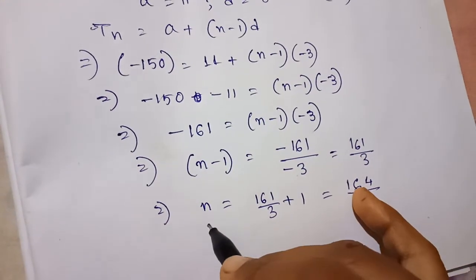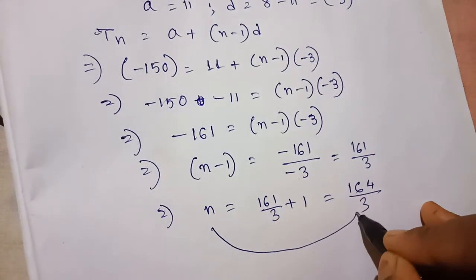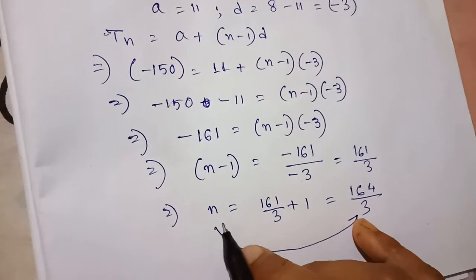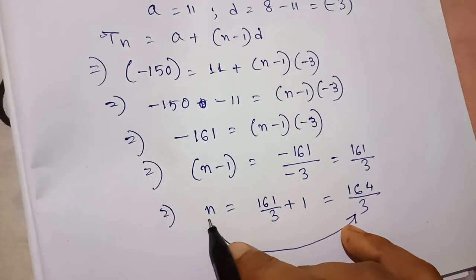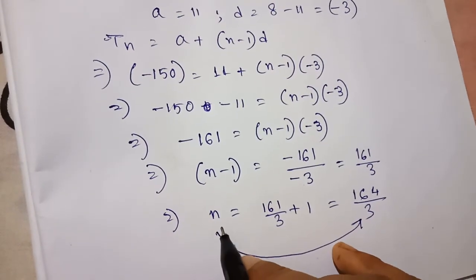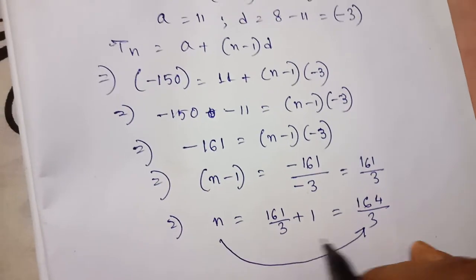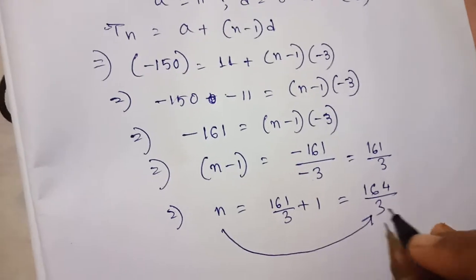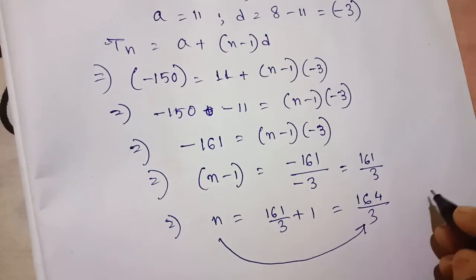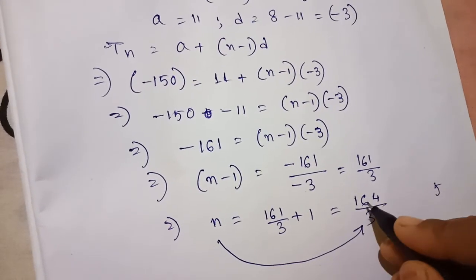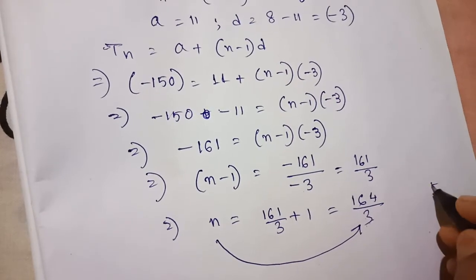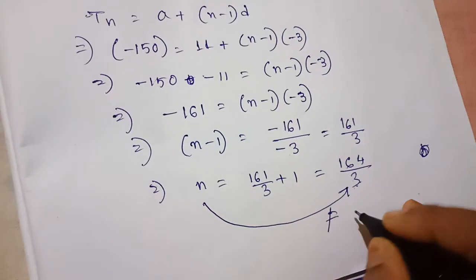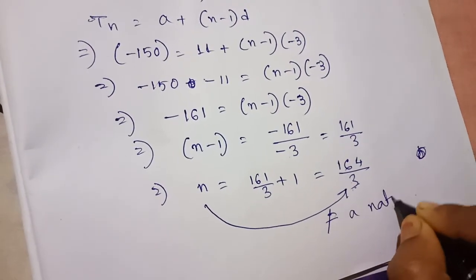We need to get n's value as a natural number, because n is the counting position here. Counting numbers can't be 0 or negative or fraction. So it must be a natural number. So we will divide it. 3 5s are 15 and then 14 left. So it is not properly divisible by 3. So we will directly write down not equal to a natural number.